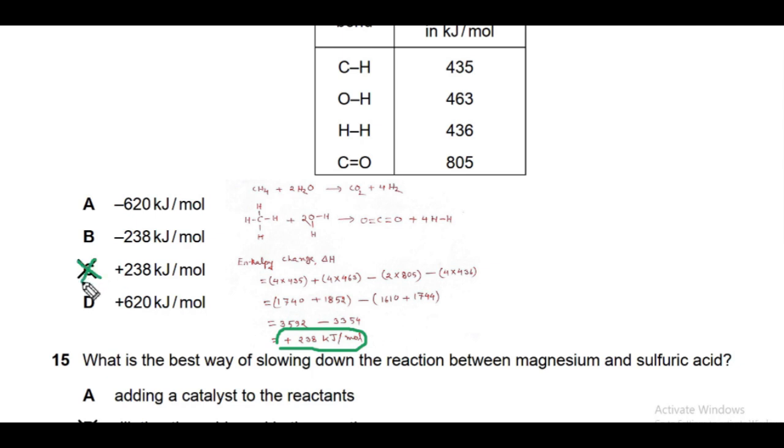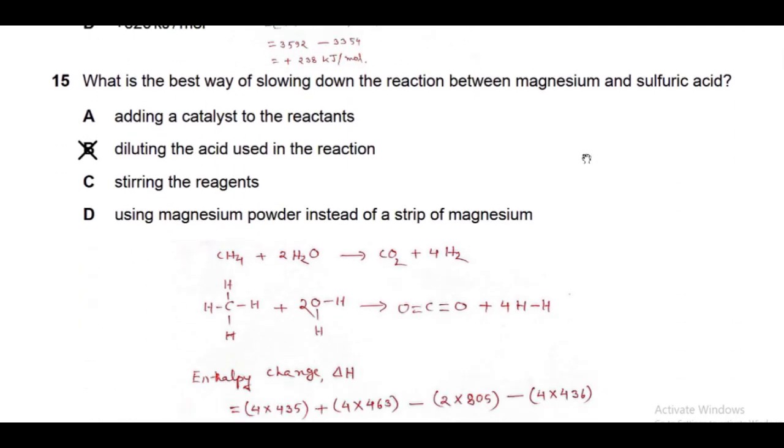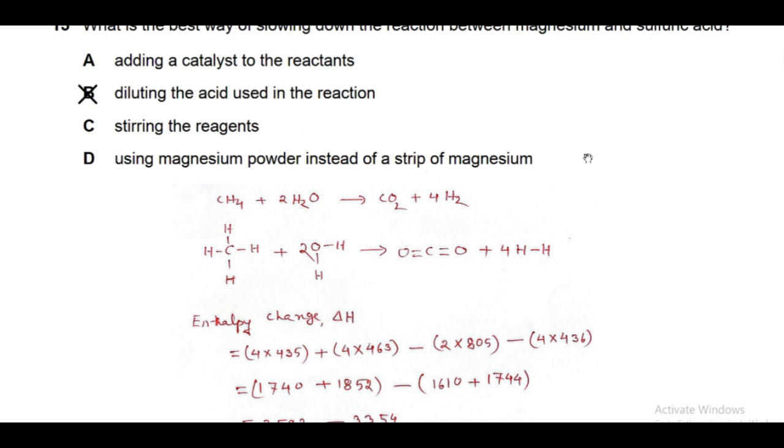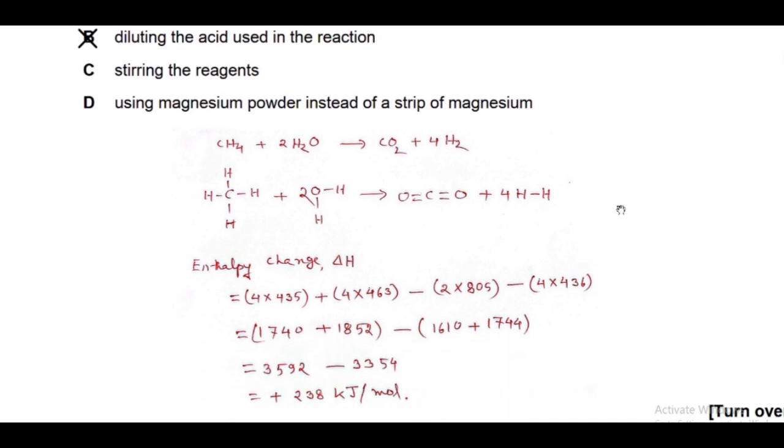Enthalpy change of reaction will be bond broken energy minus bond formed energy. In reactants bonds are broken, in products bonds are formed. Now this is the 14 answer.